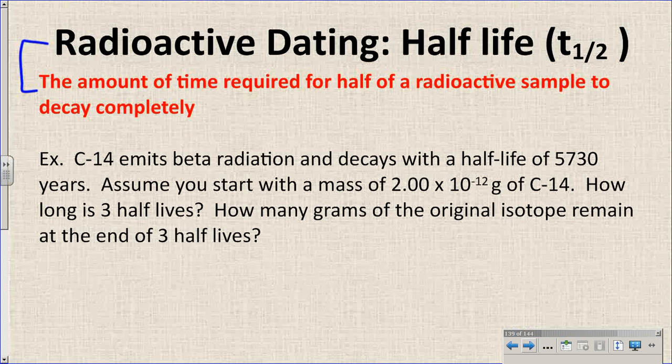I'll do this problem with you in one more. Okay, so after you see the definition, it's pretty clear on what this is.